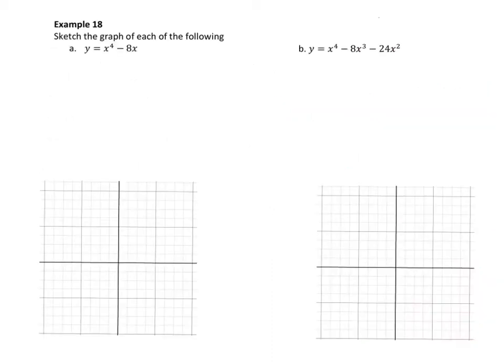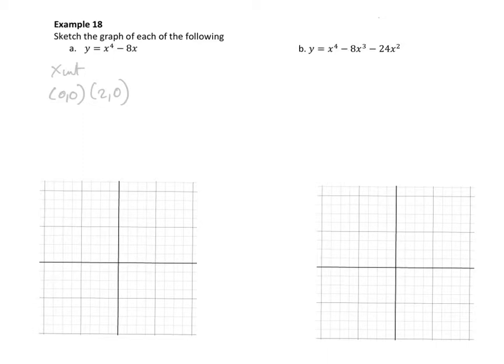Sketching these last two graphs, hopefully you notice that they are the same questions from example 17, where we've done a lot of the work for them. So we know for y equal to x to the power of 4 minus 8x that our x-intercepts were 0, 0 and 2, 0.